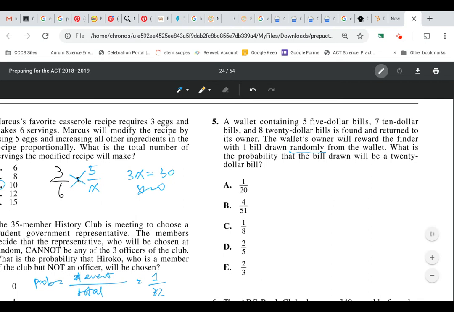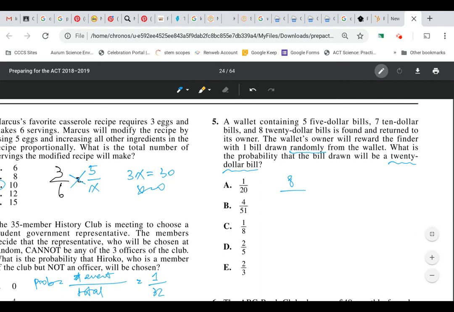Okay, so I was wrong before. You don't have to multiply. So probability, again, is the number of events over the total. So the number of events is the $20 bill, right? How many of those $20 bills do we have? 8. Over the total number of bills, right?